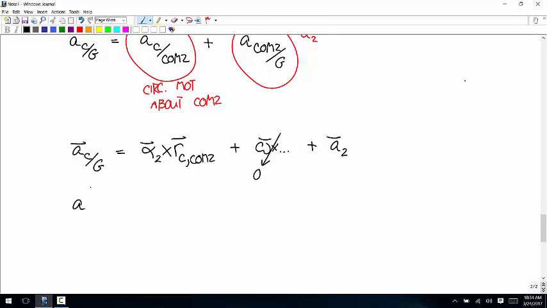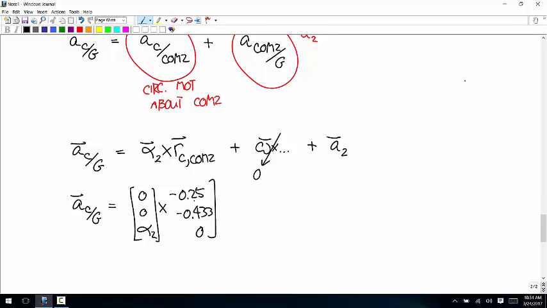So acceleration of C relative to the ground is equal to 0, 0, alpha 2, crossed with negative 0.25, negative 0.433, 0, plus alpha 2, a2.